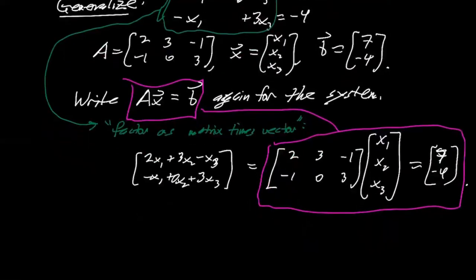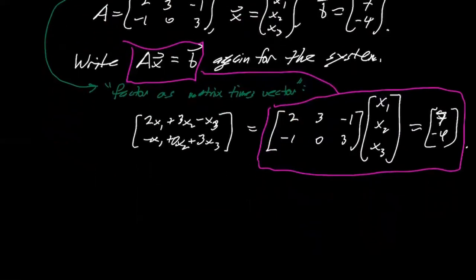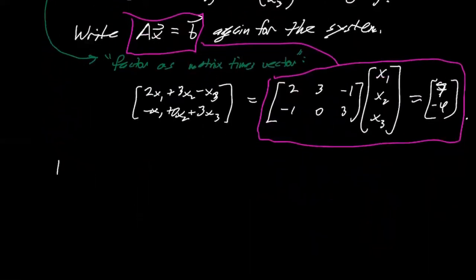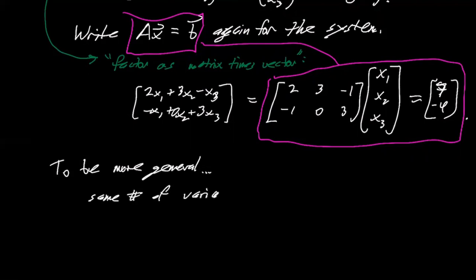But there's a couple different ways to think about this. So we define, to be more general, well, first, let me make a consideration. Notice what we have to have for this to work, right? We have the same number of variables as coefficients in a given equation. Same number of variables as coefficients in a linear equation, right?